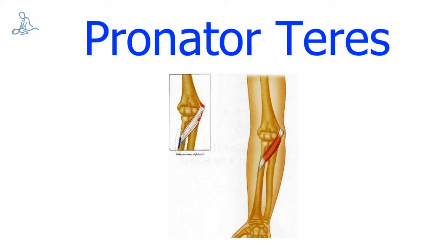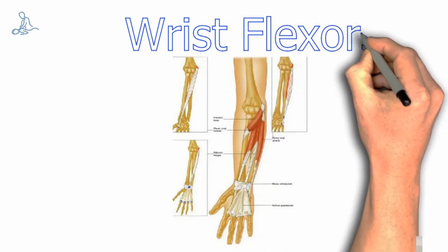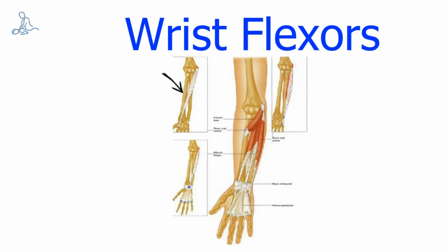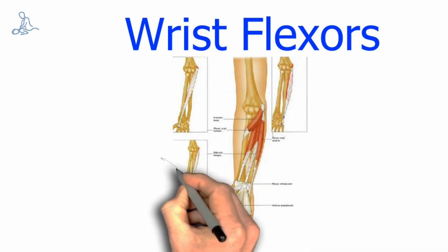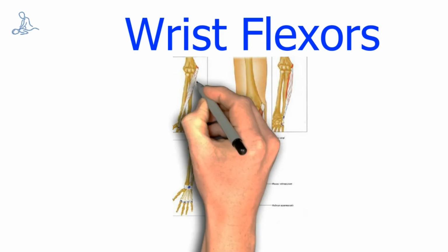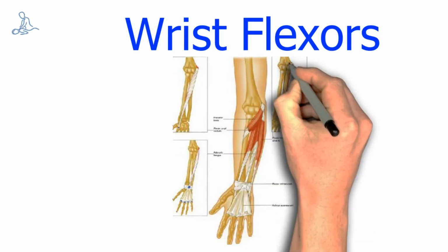Wrist flexors. Flexor carpi radialis, flexor carpi ulnaris, palmaris longus. The origin of the wrist flexors is anterior medial epicondyle of the humerus.